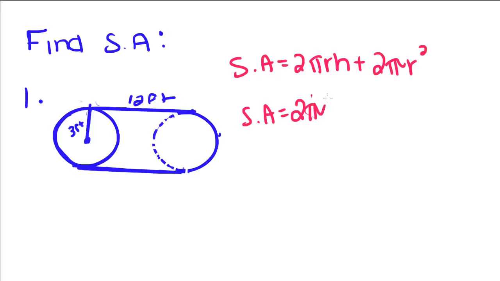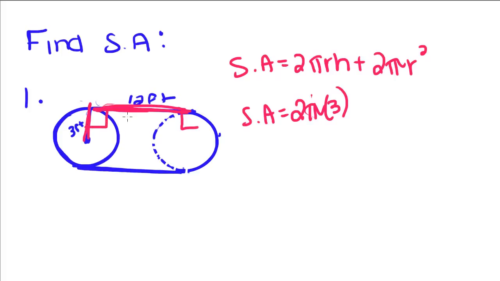So 2 pi r right here, which is 3, times the height. Now remember, when we say height, we want the edge that is perpendicular to both of these bases.